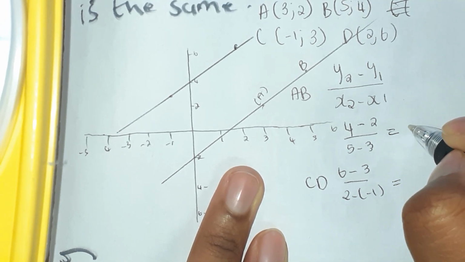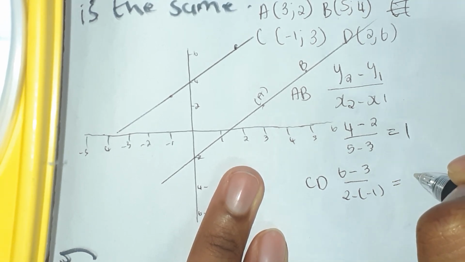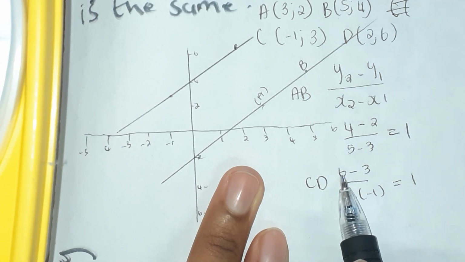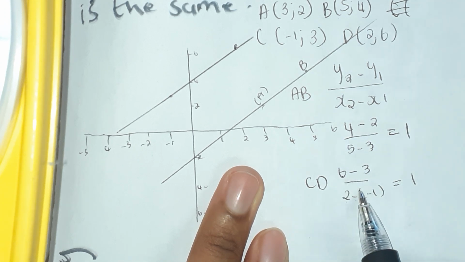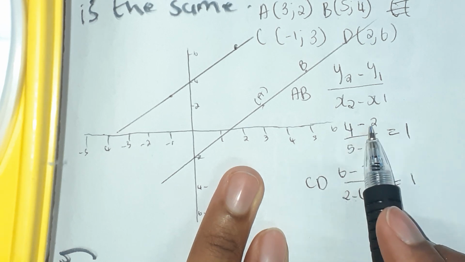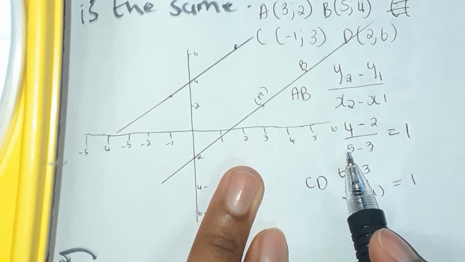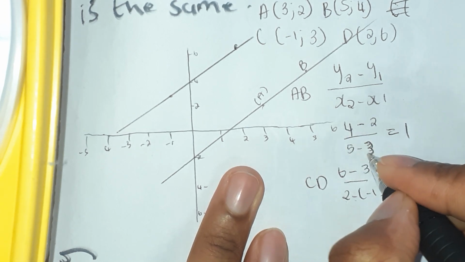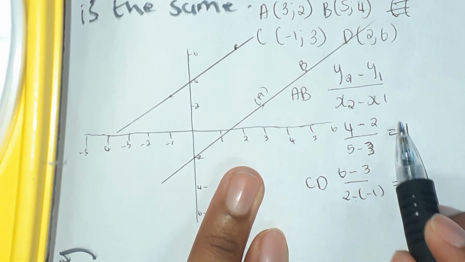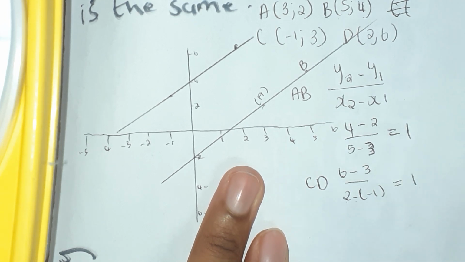For this one we'll get 1, and even for this one we'll get 1, right? 6 minus 3 is 3, 2 minus -1 is plus, it's 3. So 4 minus 2 is 2, 5 minus 3 is 2. So 2 divided by 2 is 1, 3 divided by 3 is 1.